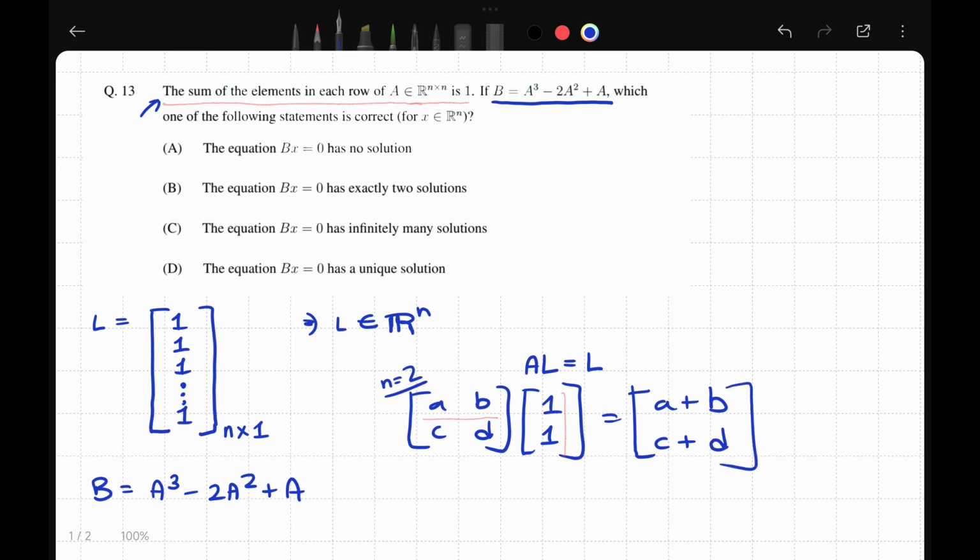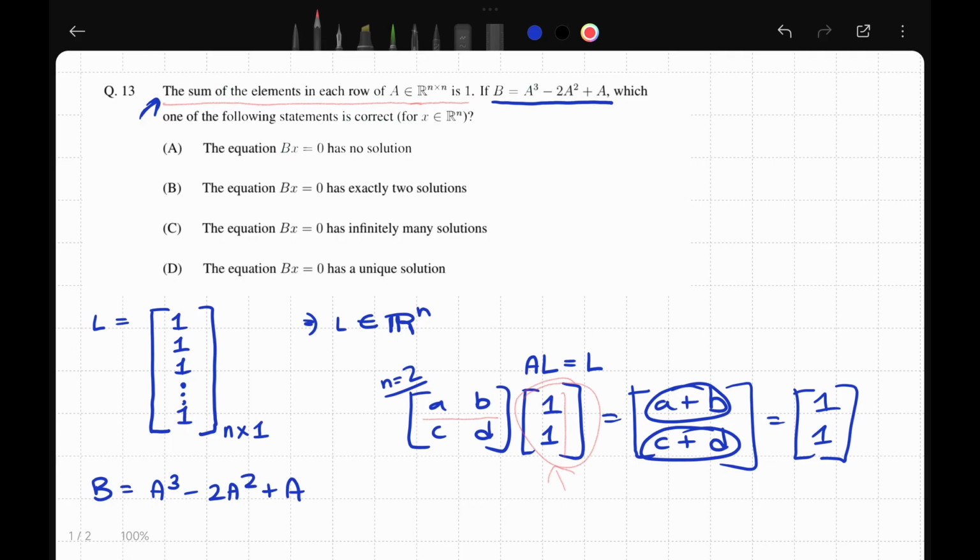And according to the question, according to this statement, the sum of elements in each row of A is 1. Which means this A plus B will become 1 and this C plus D will become 1, and you will get 1 comma 1, which is the same as what we considered here, right?